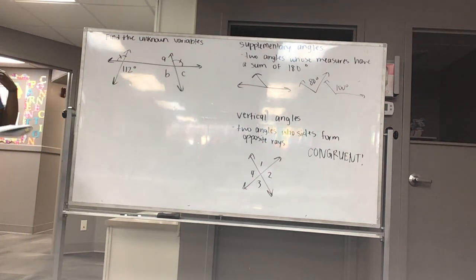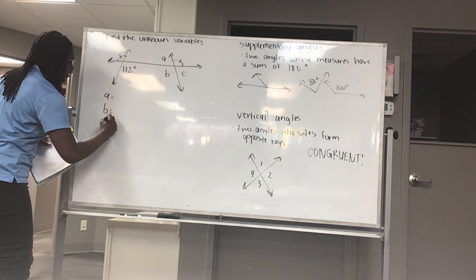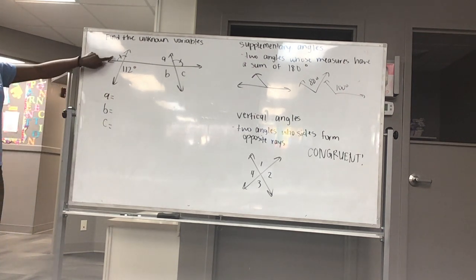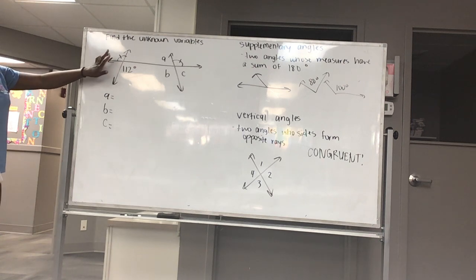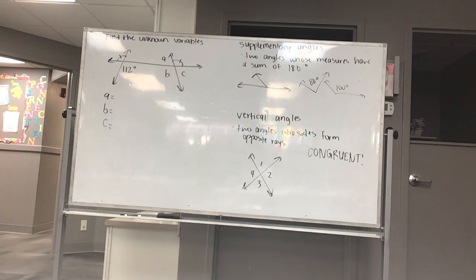Okay, so from this figure here, I'm going to ask you guys to try and find A, B, and C, and what they equal. And this little symbol here, if you don't know, it means that this angle is the same as this angle. It means that they're congruent.